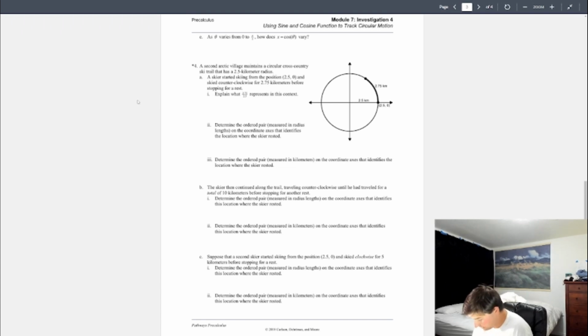And I guess specifically, the angle from the origin representing the arc length in a general manner.